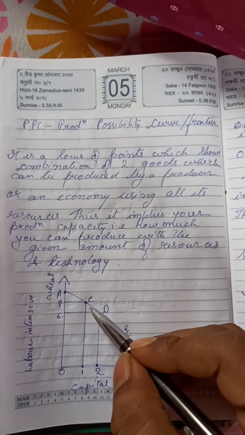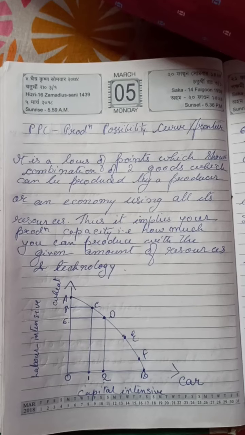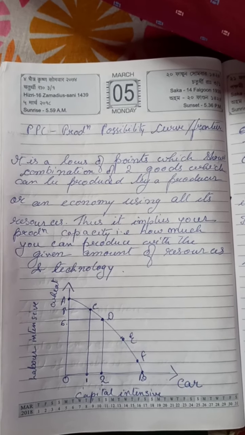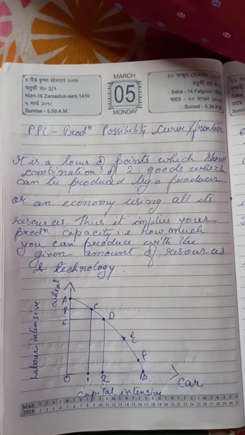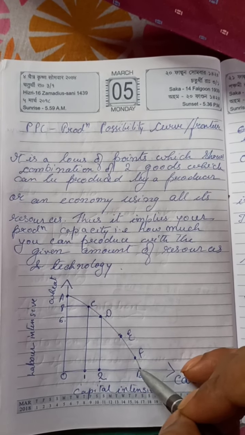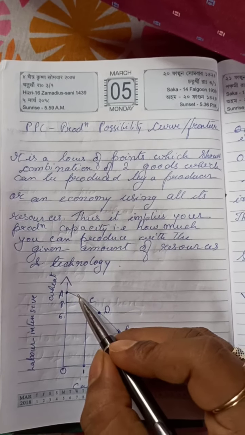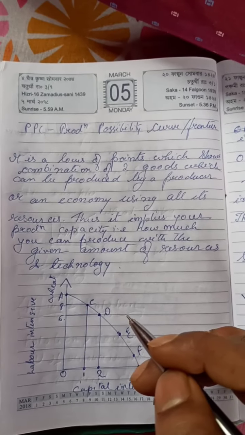Obviously these goods can be made by using some resources. For the production of goods you need some amount of resources, and for producing those goods, all your resources will get exhausted. Okay, so this curve basically shows your production capacity.